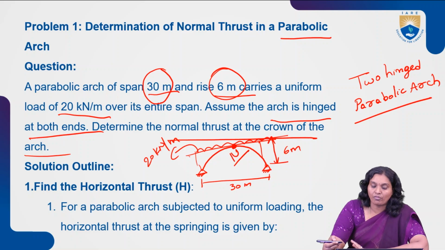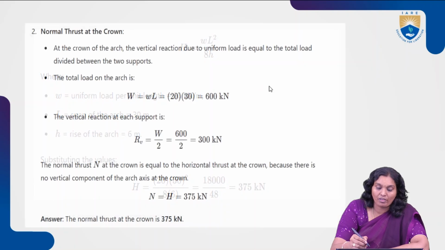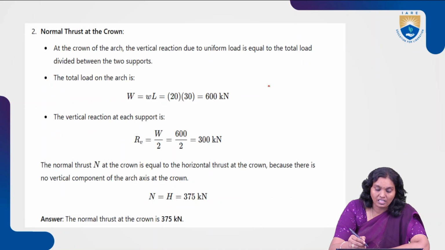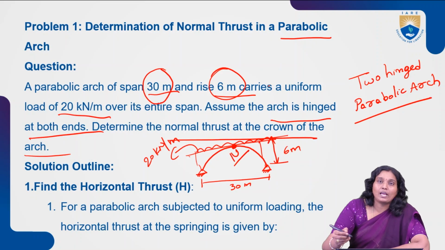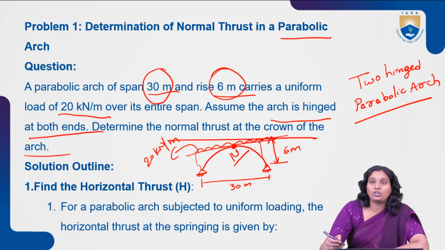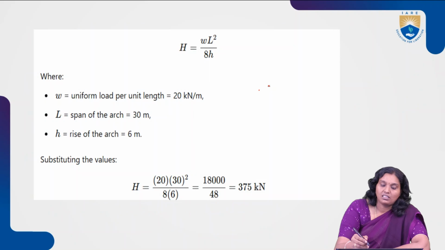Now first, we know the formula for the normal thrust. For a parabolic arch subjected to uniform loading, the horizontal thrust is H = WL squared by 8h.